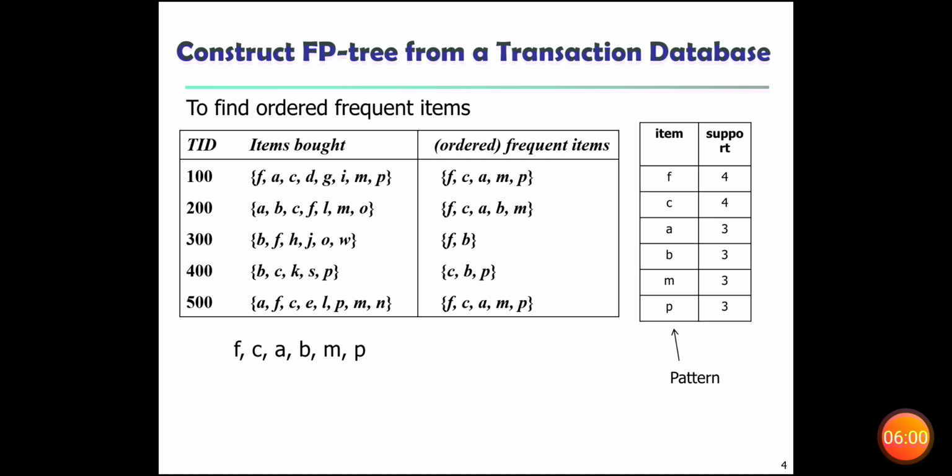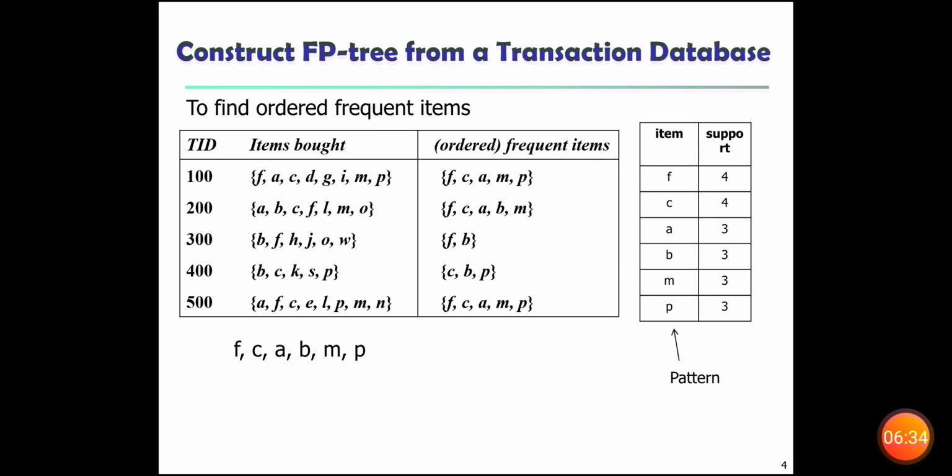Now we see where F occurred. If it occurred in 100, then correspondingly in the ordered item set we can put F. Then if C occurred in transaction ID 100, we put C also in the ordered items, and likewise for the other corresponding items.